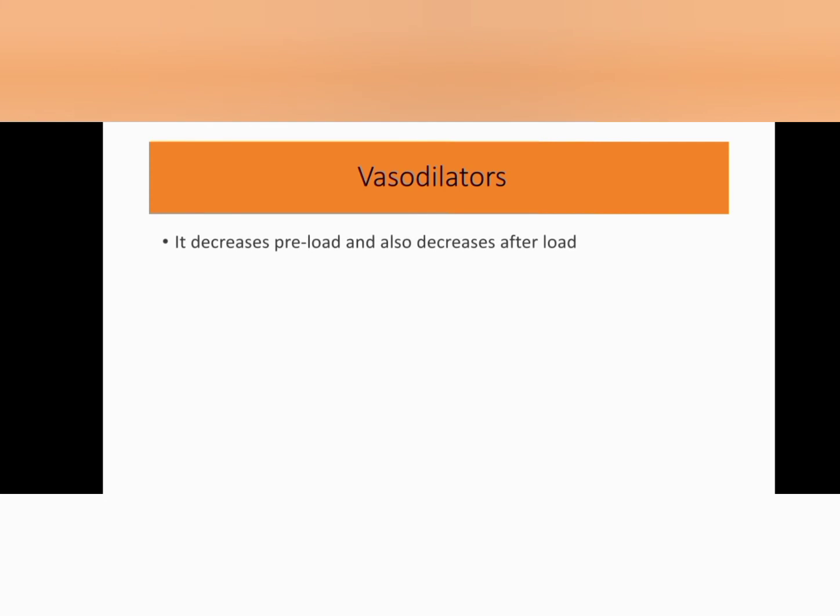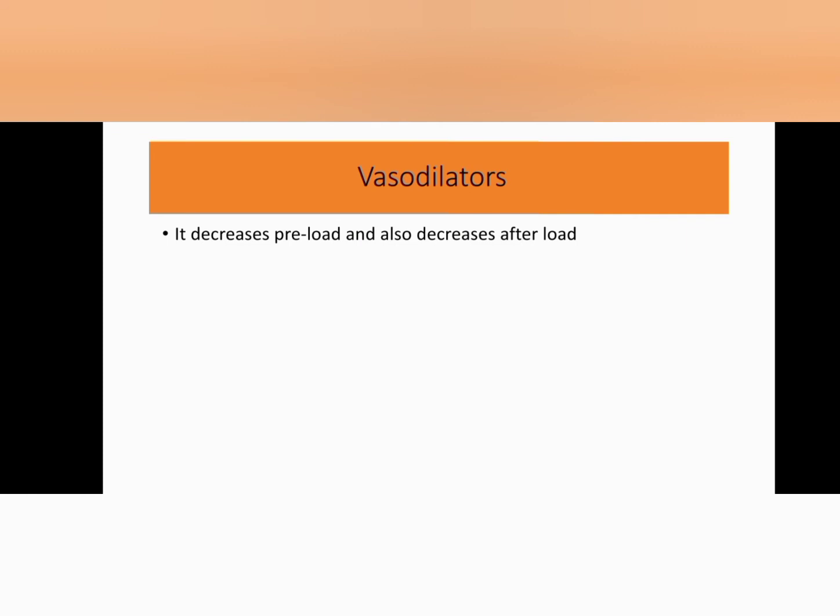Vasodilators. As I previously discussed in the angina lecture, vasodilators dilate blood vessels by relaxing smooth muscle of the vessels. When venodilatation occurs, blood will pool in the veins and there will be reduced blood flow to the heart, so it decreases preload.